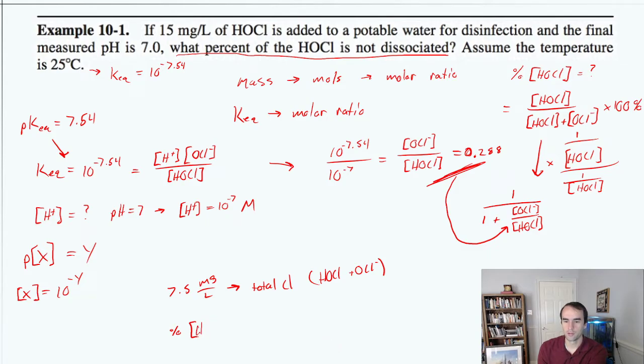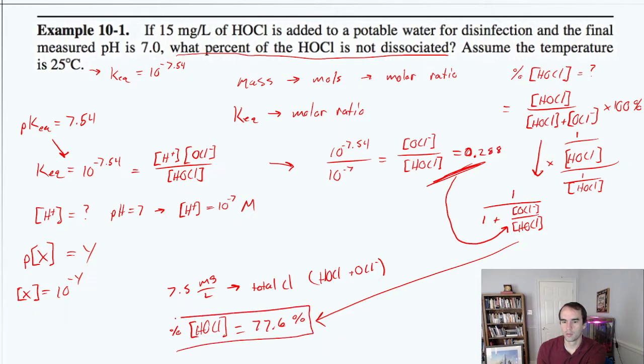So the percent HOCl, the portion that is still in the not dissociated form, is 77.6%, which is then our answer.